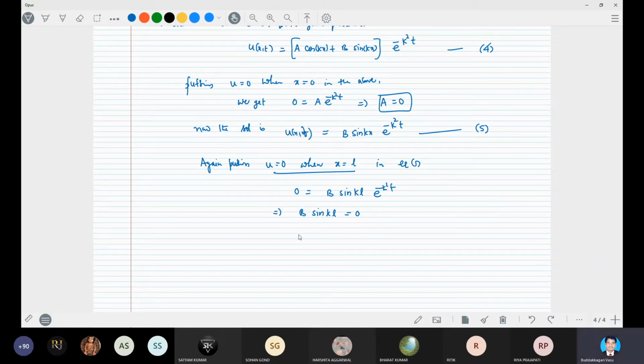If you assume b is equal to 0, u of x comma t, the solution, is totally 0, right?